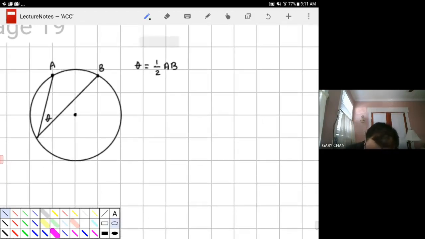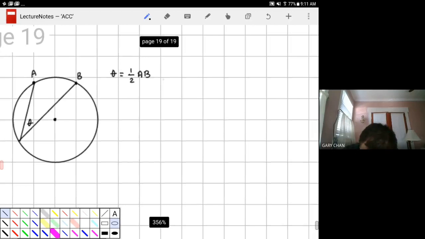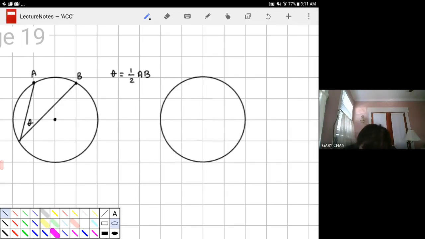And actually, there are 3 different cases where that can happen. So I can have another circle that looks like this. Well, what if one of the chords was on one side of the center of the circle and the other chord was on the other side? Would that change anything? As it turns out, no.